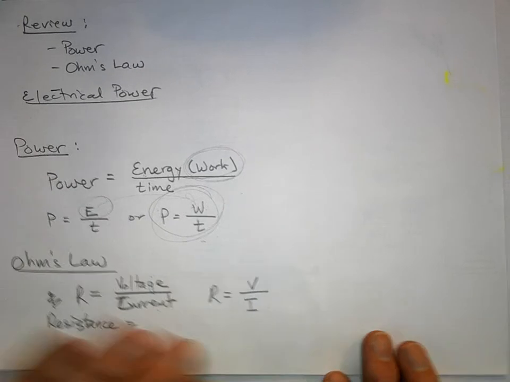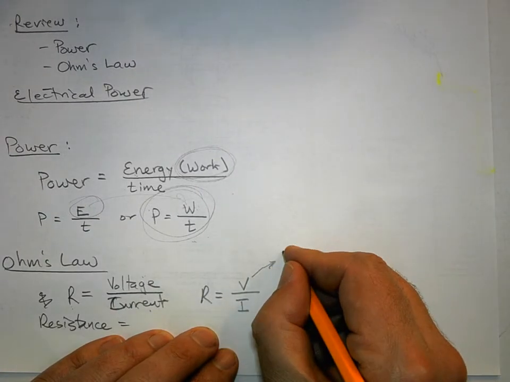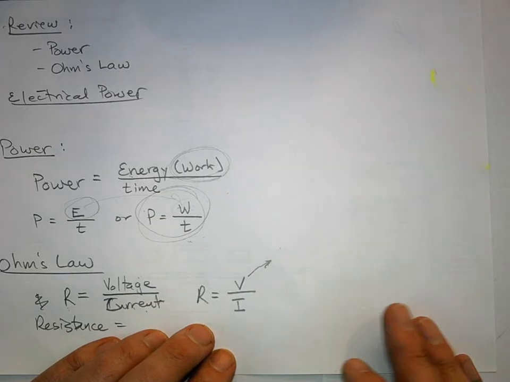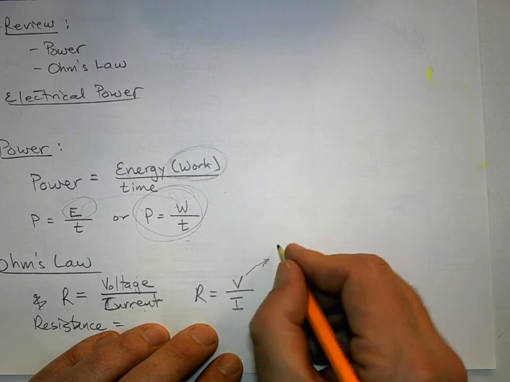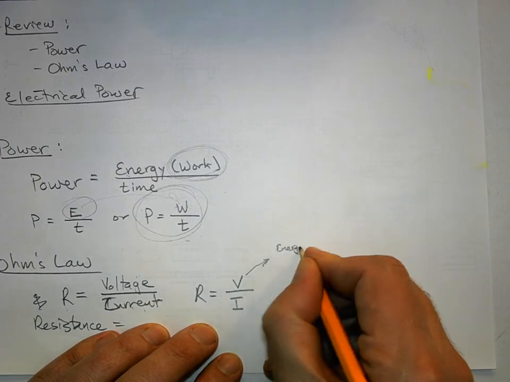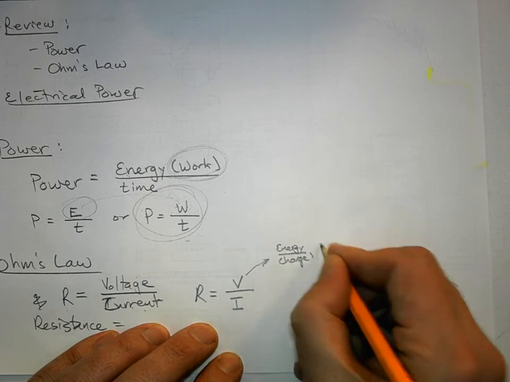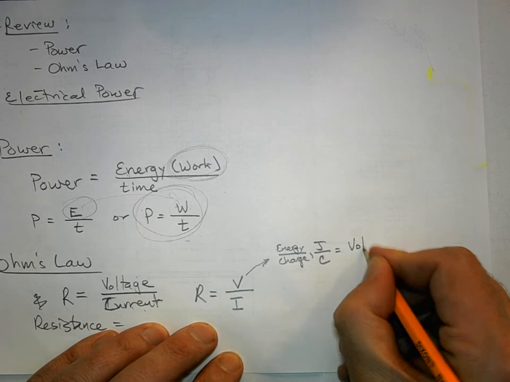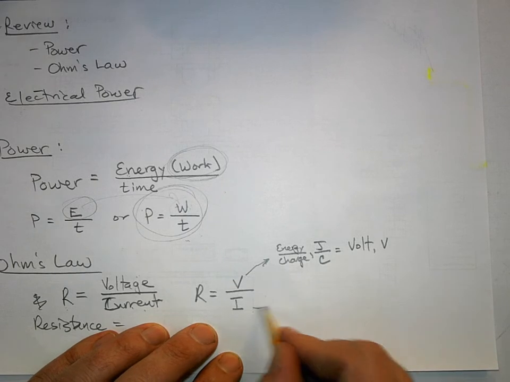And remember that voltage is how much energy is in a certain quantity of charge flowing through a wire or moving through a motor or whatever. So that's energy per unit charge, which is a joule of energy per coulomb of charge, which we called a volt, which we abbreviate with a capital V. And then we said, remember, the current is the amount of charge flowing.